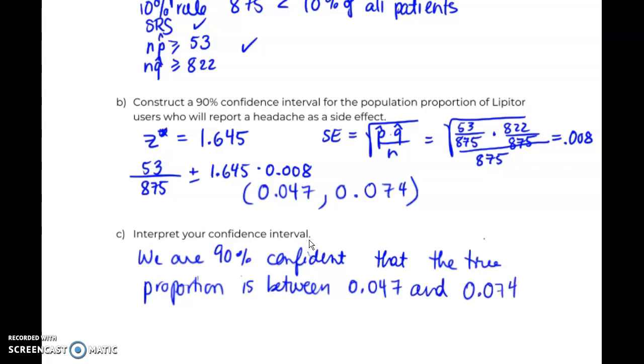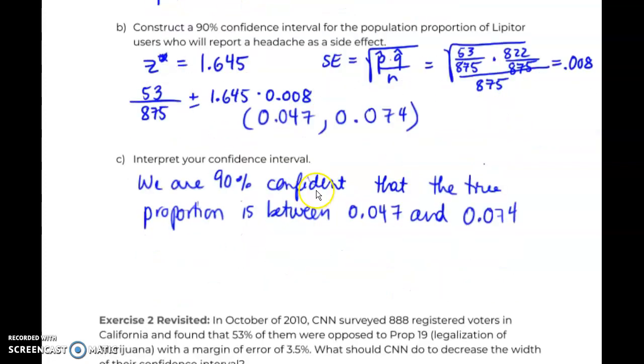So again, the 90% confidence means that if we took repeated samples from the same population, so let's say we take 100 confidence intervals, 90% of them would actually include the true population proportion and 10% would not.